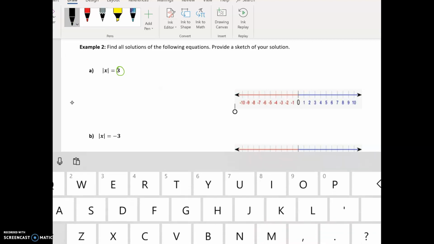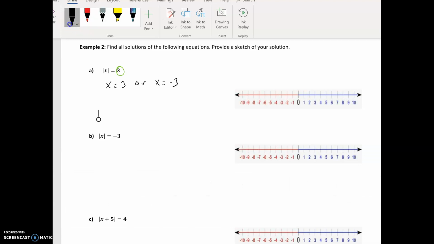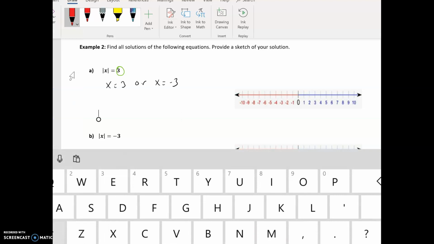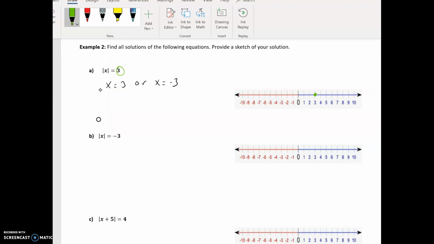So in this case, we would say x is equal to 3, or x is equal to -3 as our final solution. And then the actual dots, in this case, I'm just going to put the dots. Let me use a different color. So our final answer is going to be 3, and technically -3. Those would be the only unknowns that, if you take the absolute value, you're going to get the value of 3. So this happens to be our final answer.